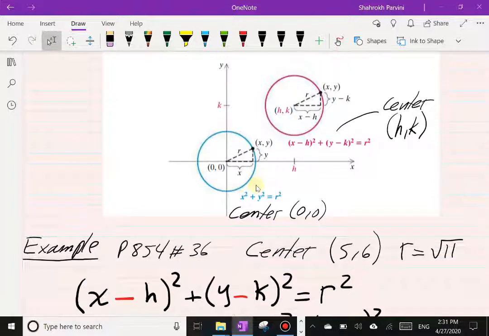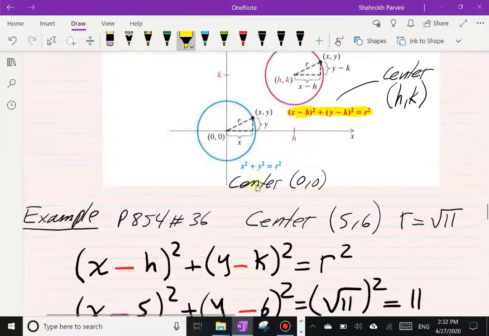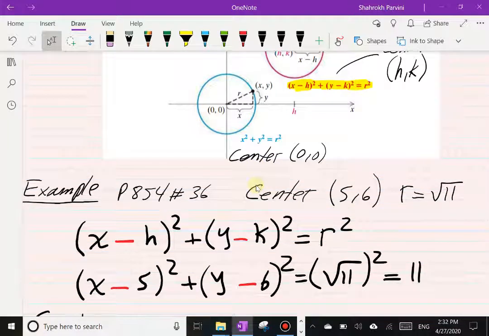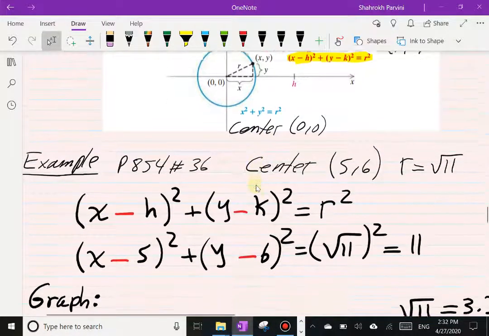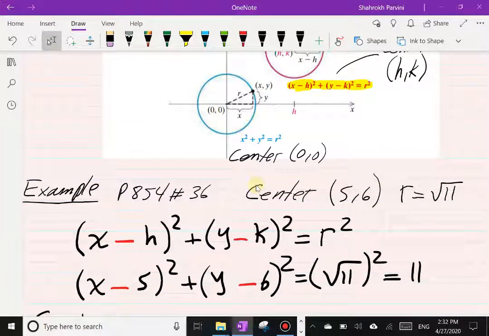Again, remember that we got the equation directly from earlier, and it's right up here still. See, that's the equation of the circle with any center. So I'm just going to plug in 5 for h and 6 for k, and r was the square root of 11. So plug in all those numbers into the general equation, and you can see that we get the equation of the circle to be what you're looking at.